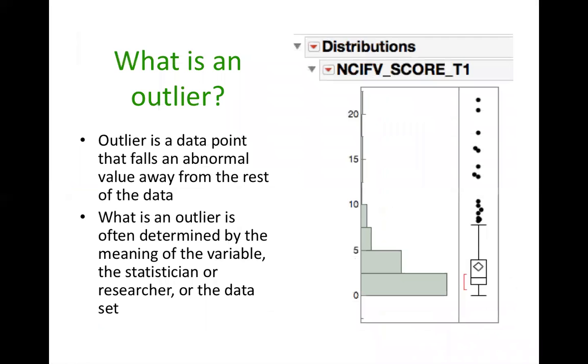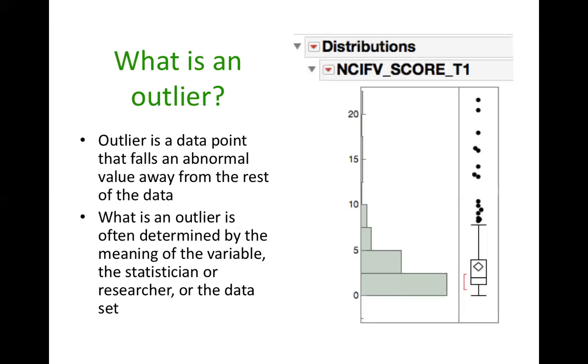So when we're exploring our data, we're often looking at the data points and where the data lies. And one of the things that we discuss is an outlier. Typically, an outlier is thought of as a data point that falls an abnormal distance away from the rest of the data. However, when we think about outliers, we also think about what the variable means.